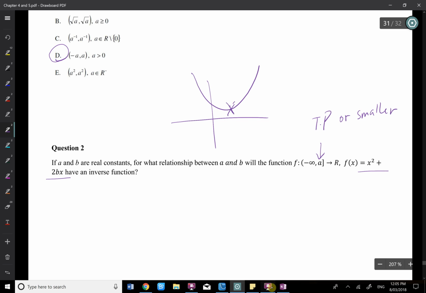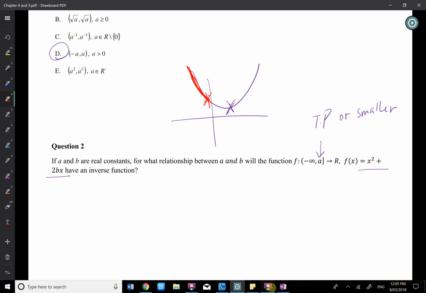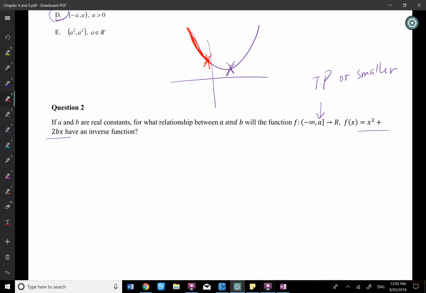Not really reaching the turning point, I can take from negative infinity to here. Well, smaller than the turning point, but you can't go beyond the turning point. Okay, can't go beyond the turning point. So the important thing for this question will be to find the turning point. How can we find the turning point for this question?